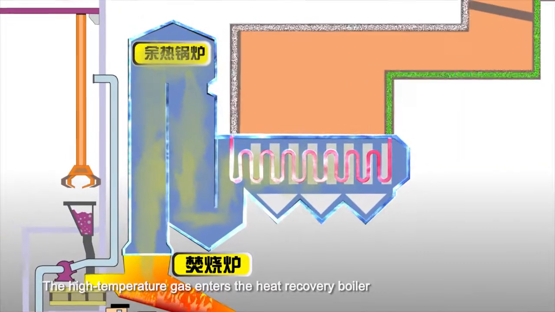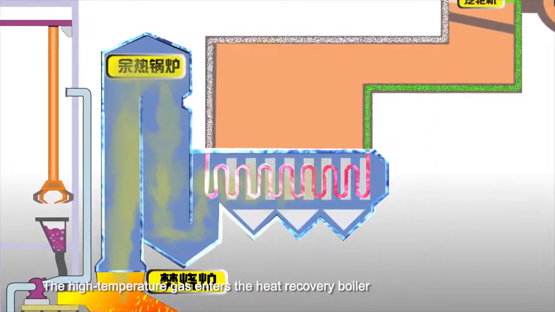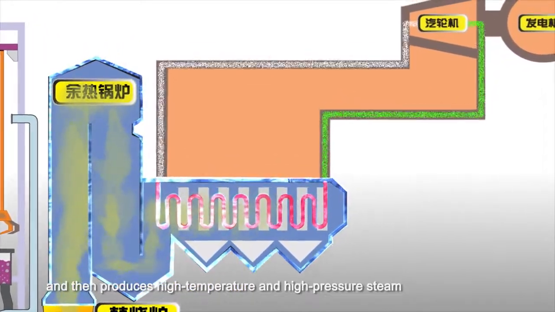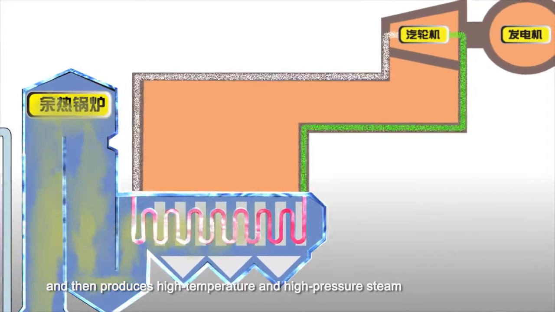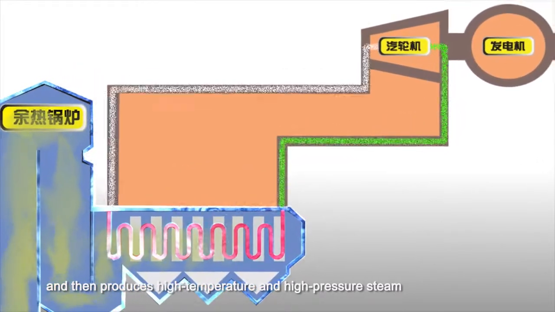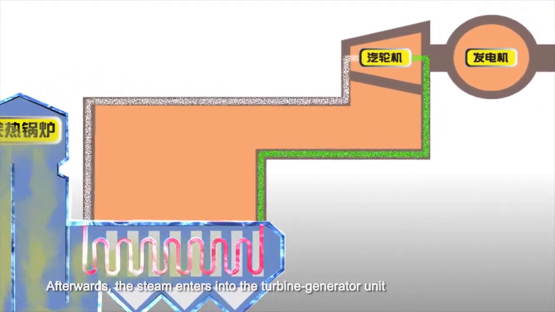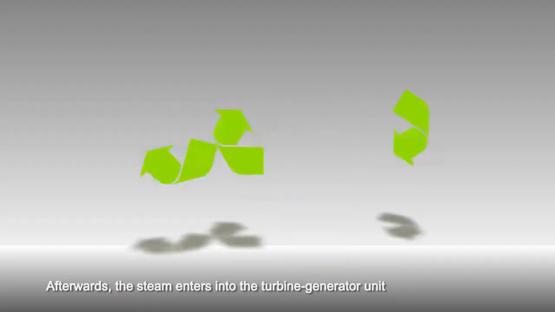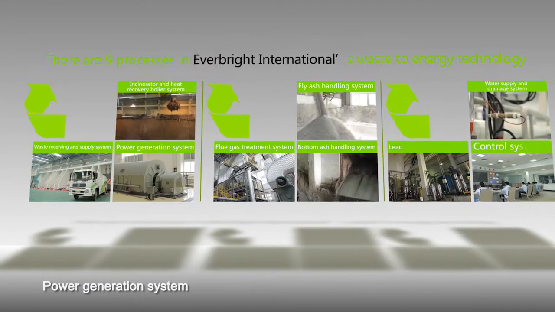The high-temperature gas enters the heat recovery boiler, heats the water inside the wall tube, and then produces high-temperature and high-pressure steam. Afterwards, the steam enters into the turbine generator unit. 3. Power generation system.